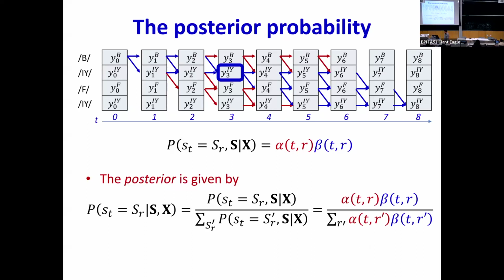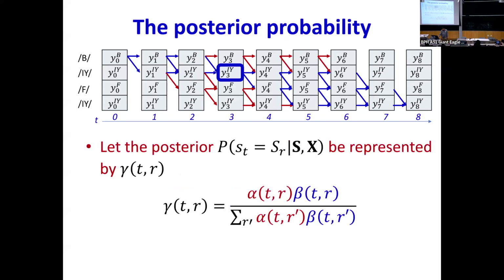And I'm going to be representing this probability by the symbol gamma Tr. So gamma Tr is going to be the normalized product of alpha and beta, but the normalization is with respect to the sum of the product down each column of the graph, right?